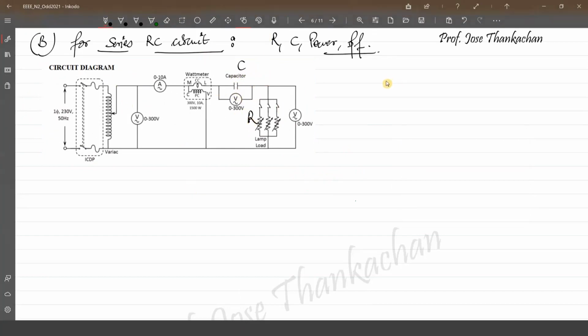Here we are having C. So if I'm asking you to write down or draw the equivalent small circuit here, you will have a voltage V and then a capacitor C, and then there is a load here. That load is a resistive load, also lamp load R, and this is the current I flowing through the circuit here. This is Vs at frequency F, 50 Hertz.